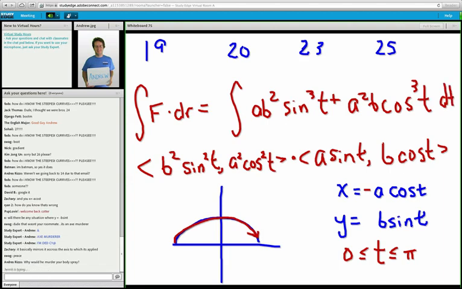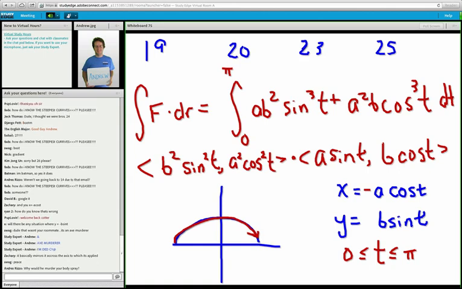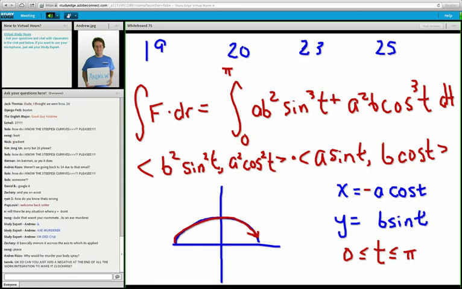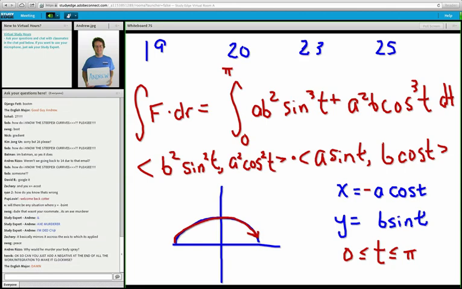It's not a vector field anymore, so I don't need to put the vector notation. I'm evaluating from 0 to pi, and I will leave you to your own devices to do that integral. Cool? All right, any questions on that?